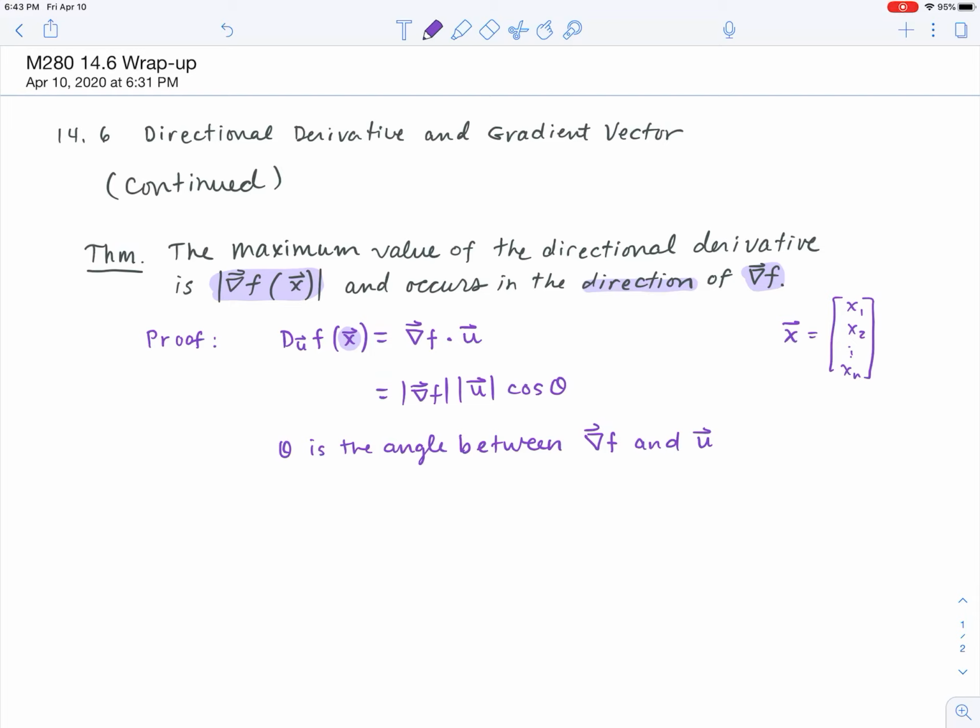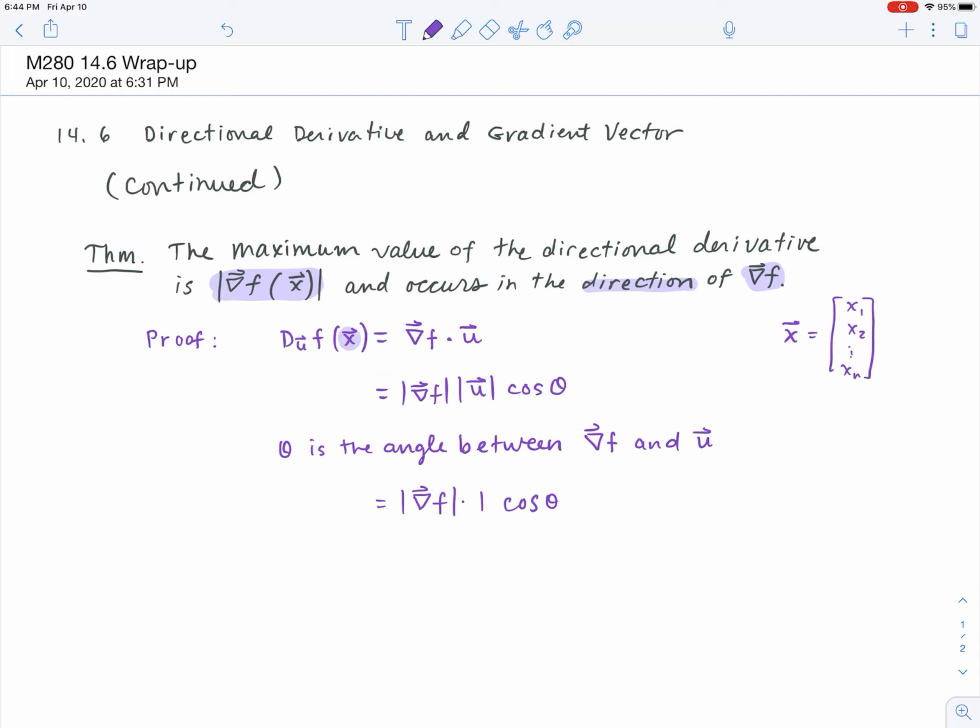So we've got the magnitude of the gradient vector times the magnitude of a unit vector, so that would be 1, and then cosine of theta is still cosine of theta.